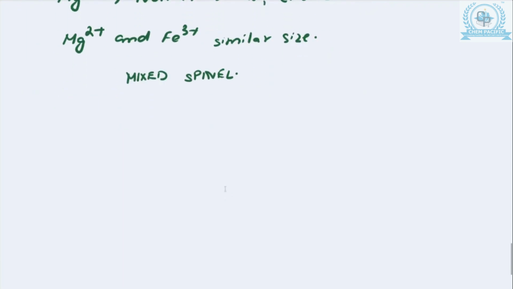Now let us move on to the last example of this video, and that is NiGa2O4. Gallium in this case has oxidation state +3, with electronic configuration d10. If it is d10, its CFSE is going to be 0.